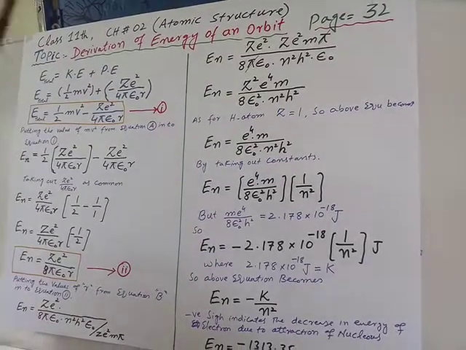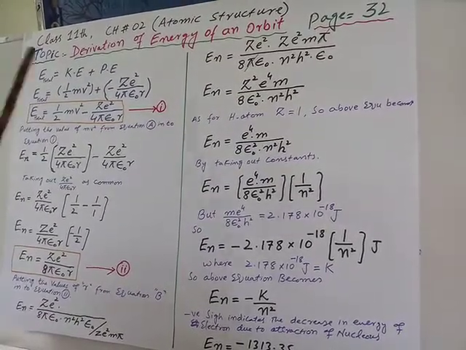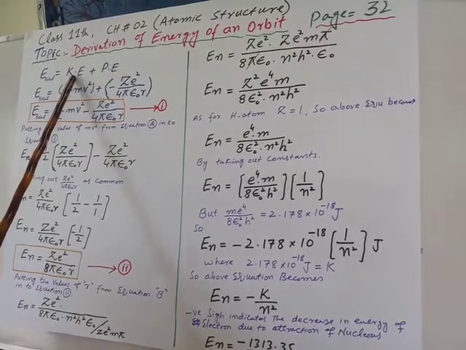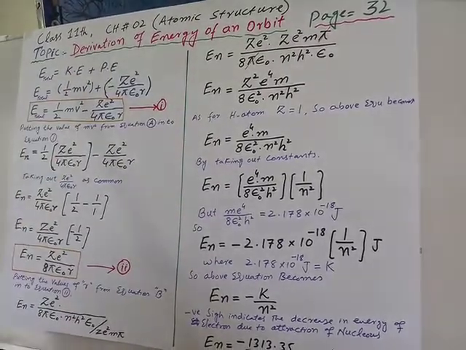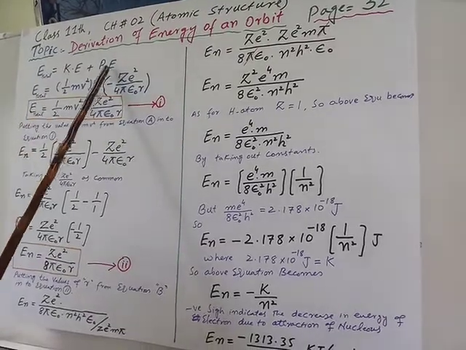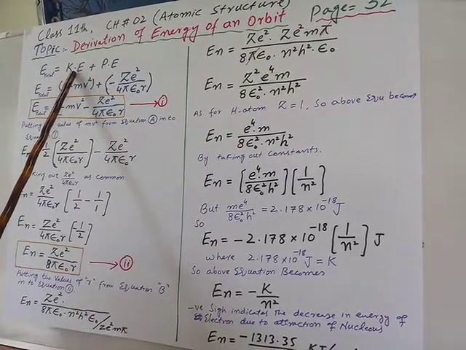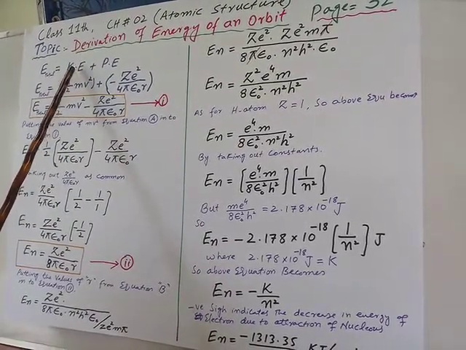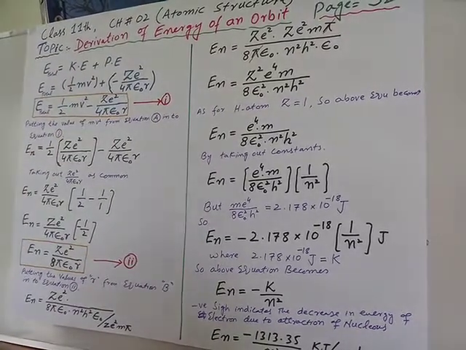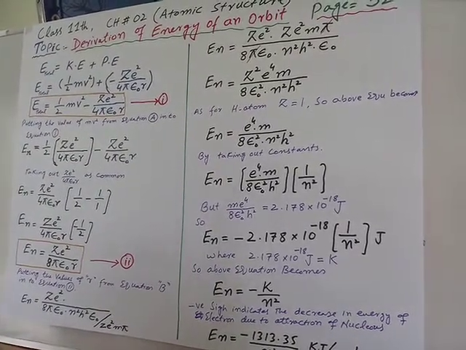There are two types of energy of the electron: one is the kinetic energy, the other is the potential energy. The kinetic energy of the electron is due to its motion, while the potential energy of the electron is due to the attraction towards the nucleus.